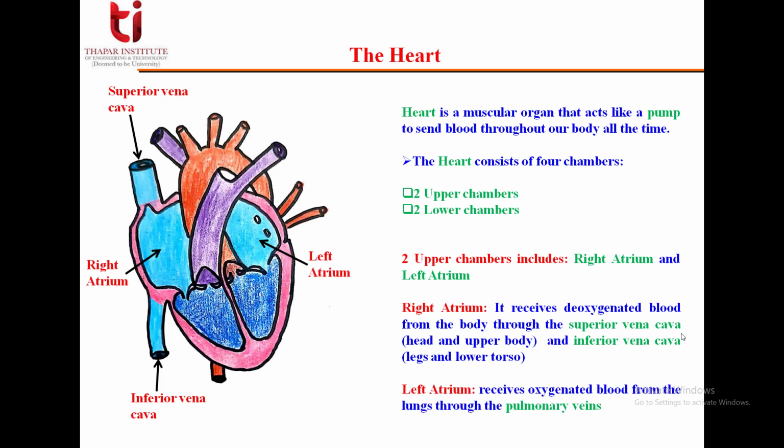The left atrium receives oxygenated blood from the lungs through the pulmonary veins. These are the pulmonary veins. So the left atrium receives oxygenated blood from the lungs through these pulmonary veins.